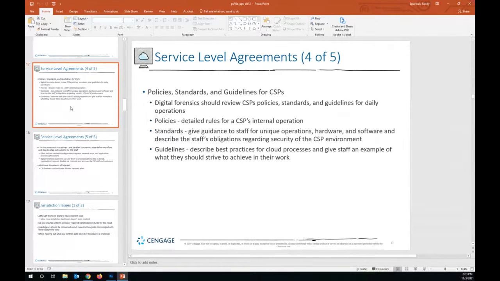The standards give guidance to staff for unique operations, hardware and software, and also describe their obligations in daily operations and security of the CSP's environment. Guidelines will describe the best practices for cloud processes and also give staff an example of what they should strive to achieve in their work.